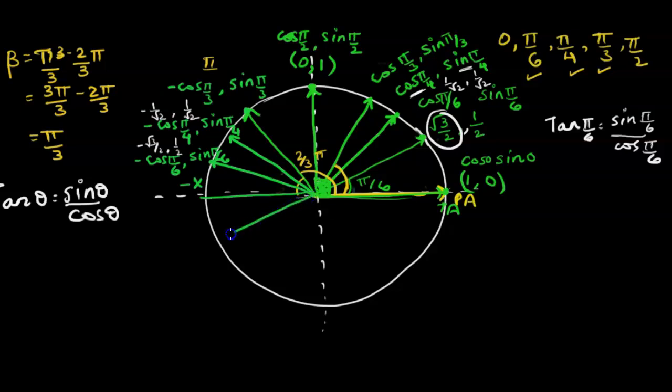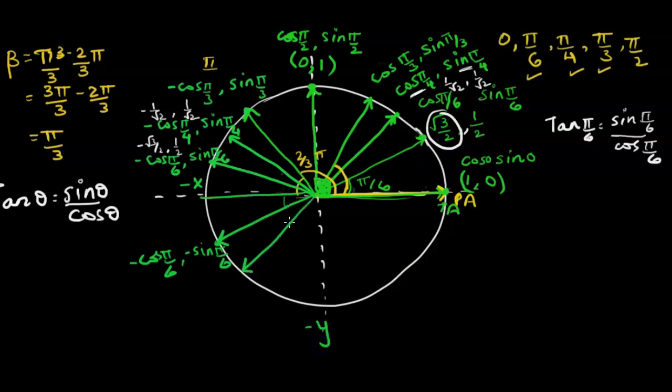If the terminal arm is in the third quadrant, then the angles we are interested in are again going to form pi by 6, pi by 4 and pi by 3 related acute angles. So if this is pi by 6, then this is the terminal arm where it will land, and this point would be negative cosine pi by 6 comma negative sine pi by 6, because in the third quadrant both x and y are negative.